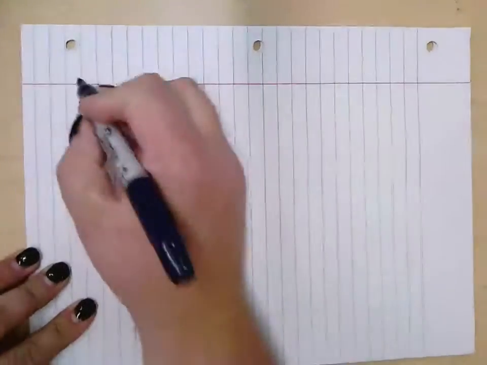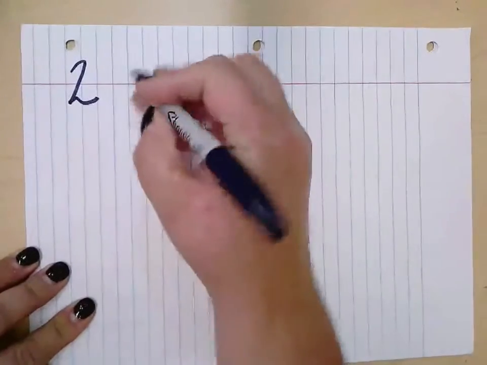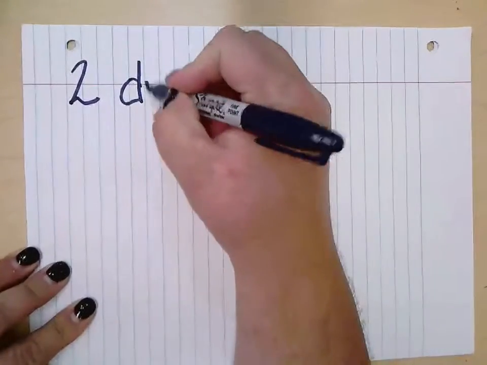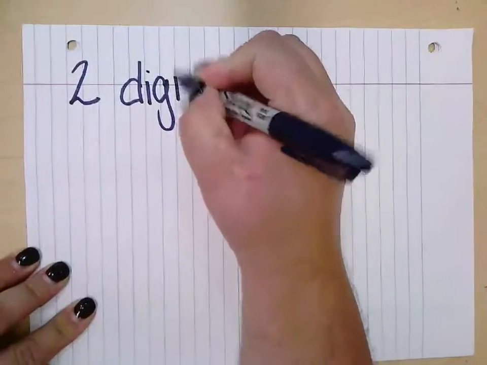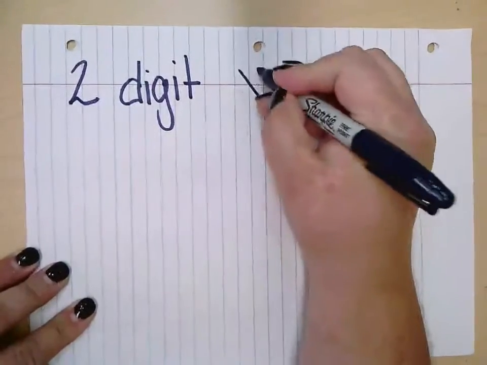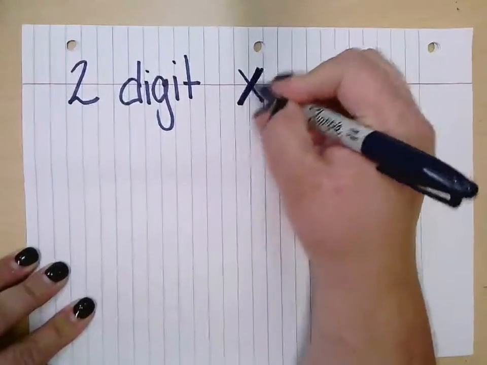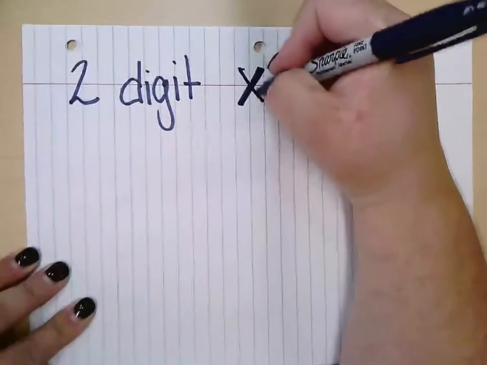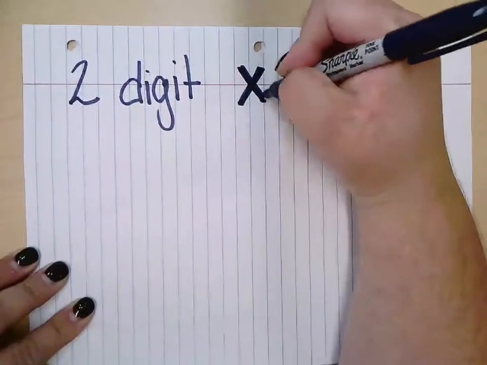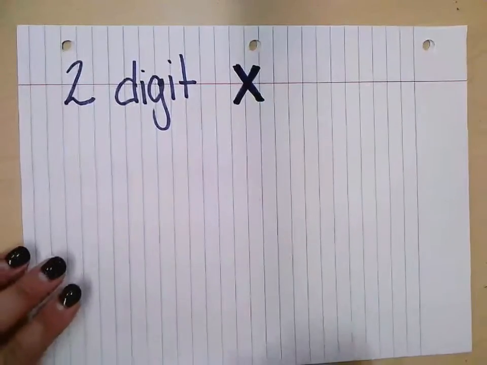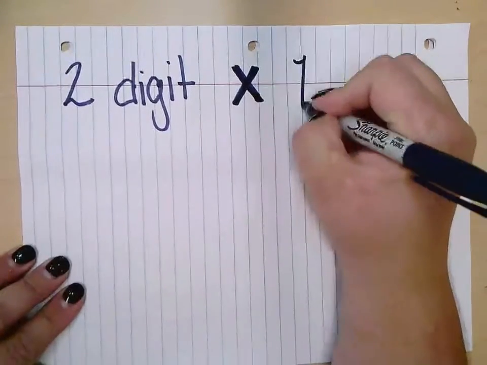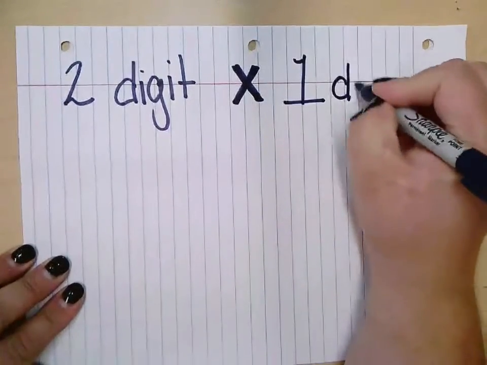Once you have your sheet of paper and something to write with, you're going to turn your paper sideways so that the holes of your paper are at the top, and you're going to write 2-digit, a little times symbol, which looks like an X, 2-digit times 1-digit.